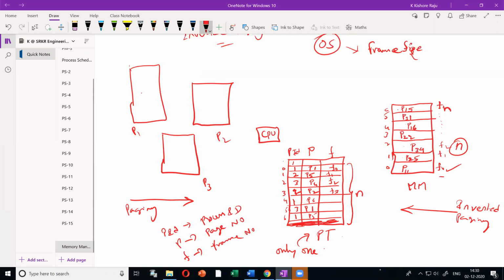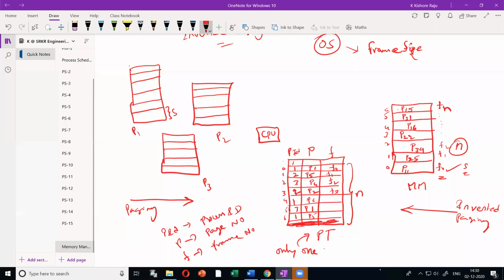Now with this frame size, I will divide the process into pages. I will divide the process into pages with the frame size. So the frame size, for example, is yes. P3 also is divided with the frame size.